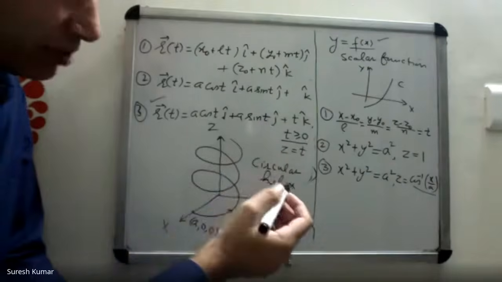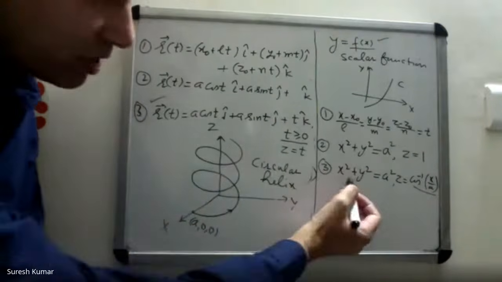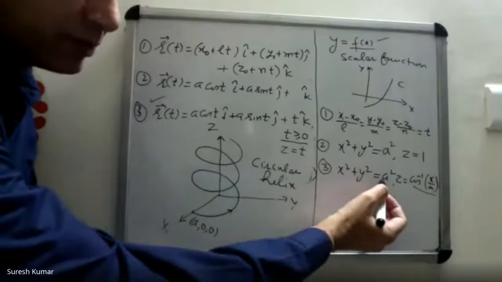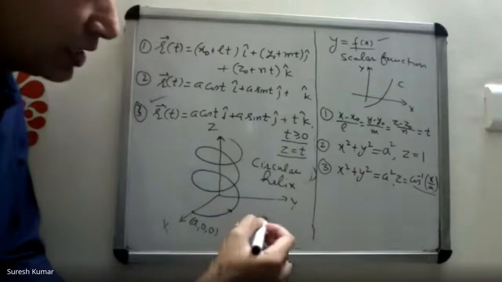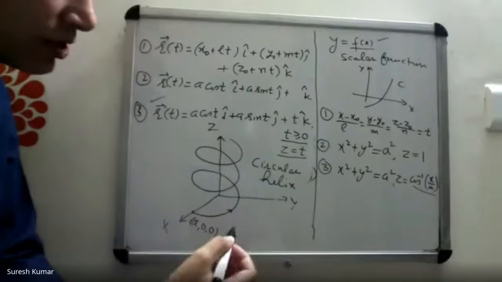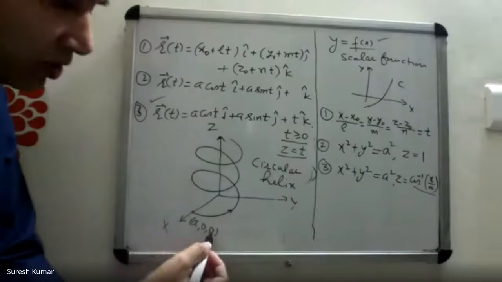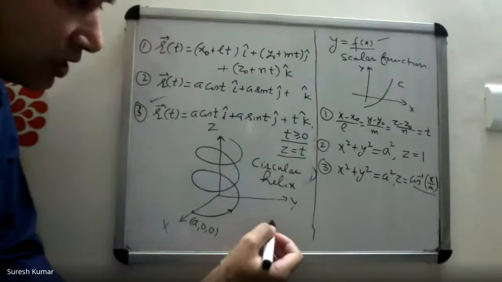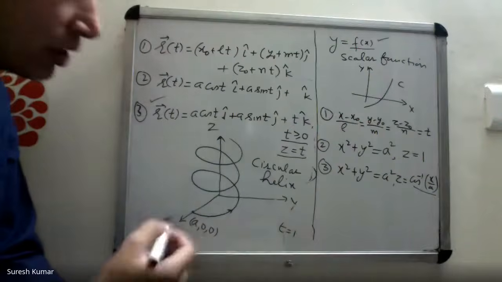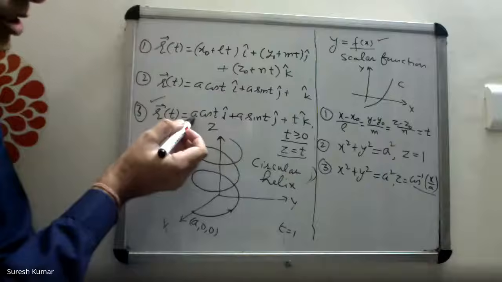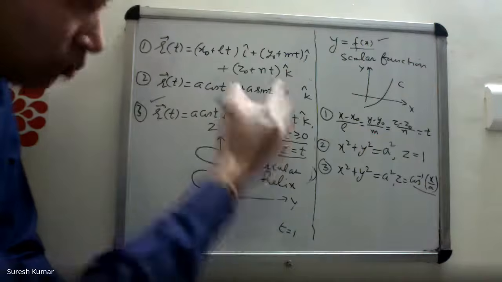That's what I'm explaining. You see, x and y are following a circle, correct? And z is t. As you increase the values of t, what happens? First point is a, 0, 0. Let's say next point is corresponding to t equal to 1. So what is that point? a cos 1, a sin 1, and 1. Where is that point?